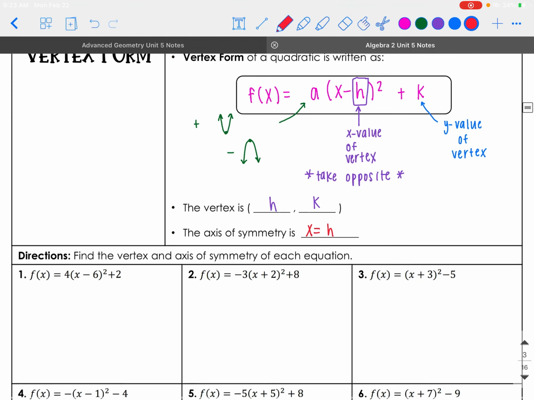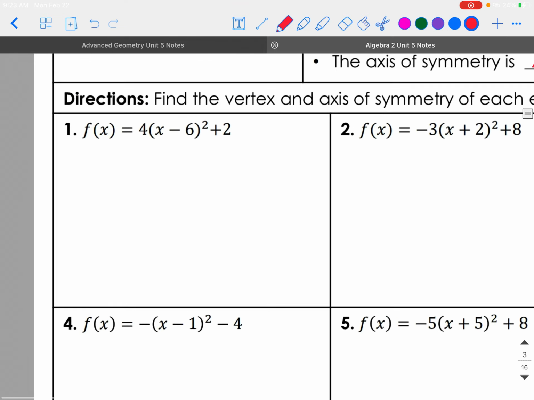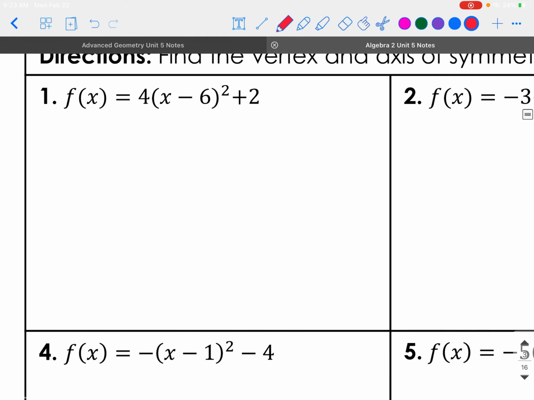So let's do some examples. Number 1, the vertex. Since this has a minus 6 in the parentheses, the x value of my vertex is a positive 6 and then 2.